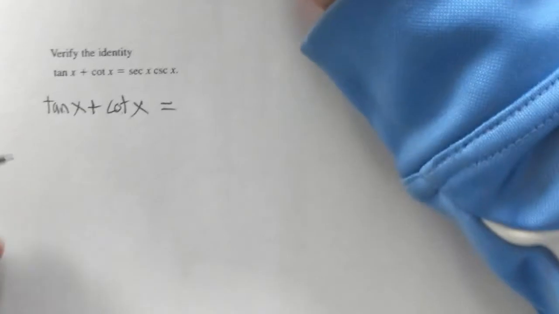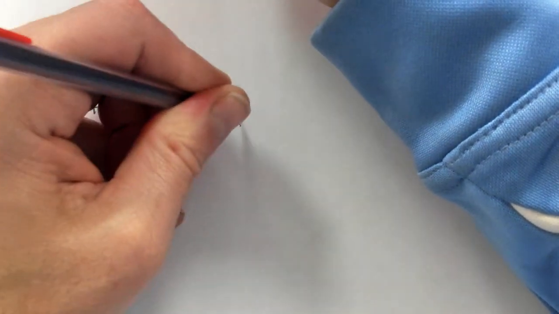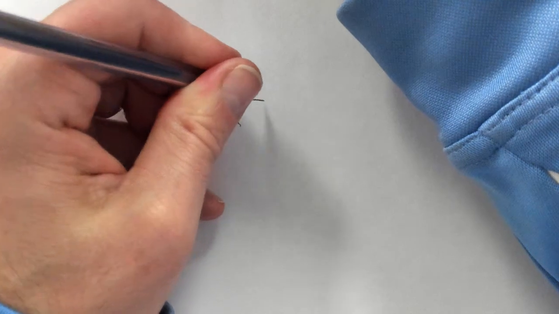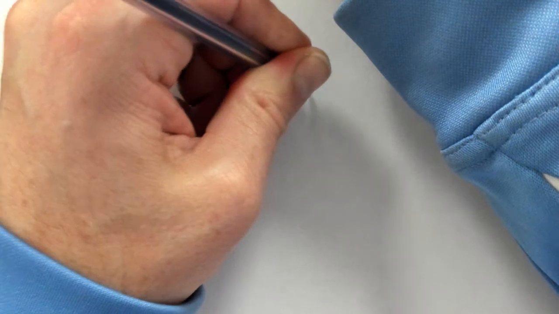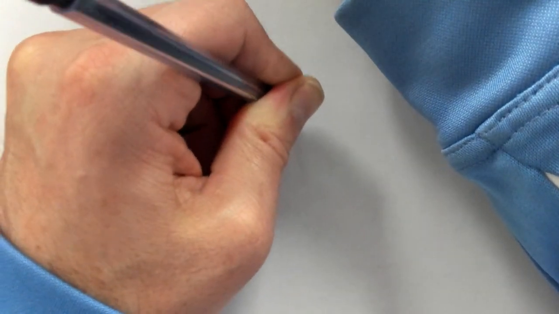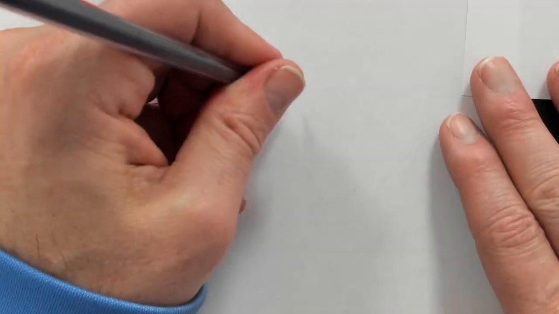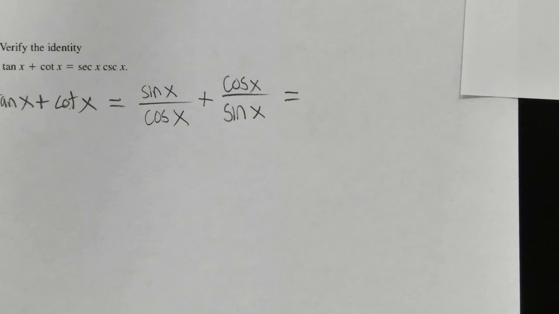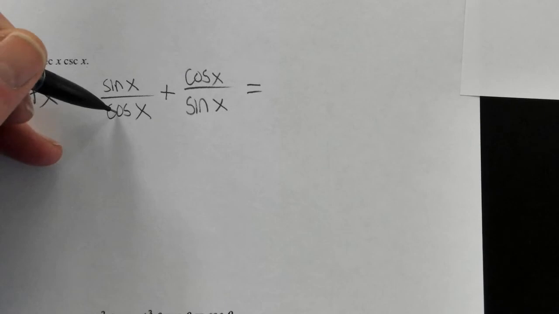So I'm going to turn tangent into this and cotangent into this. After that we would have sine of x over cosine of x, that's what tangent's equal to, plus cotangent, which is equal to cosine of x over sine of x. Now what we want to attempt is to create a common denominator so that we can add these fractions together and make one fraction out of them. What would I need to do to make a common denominator?